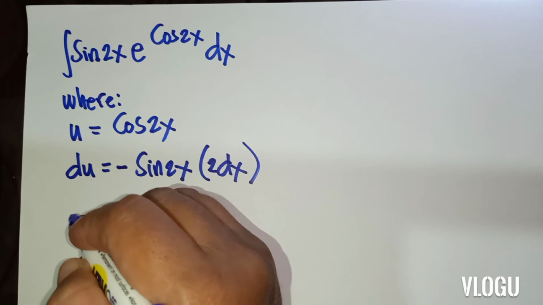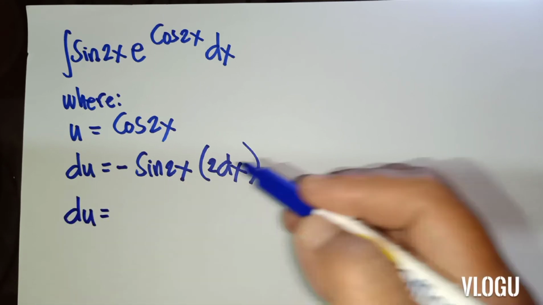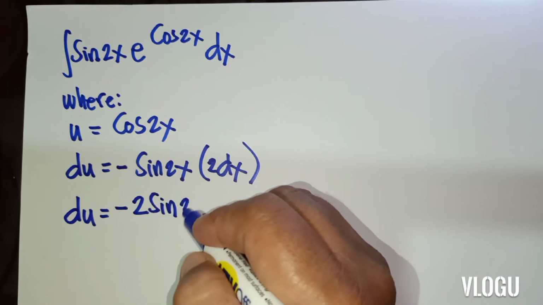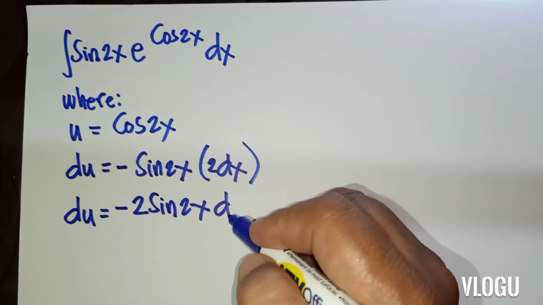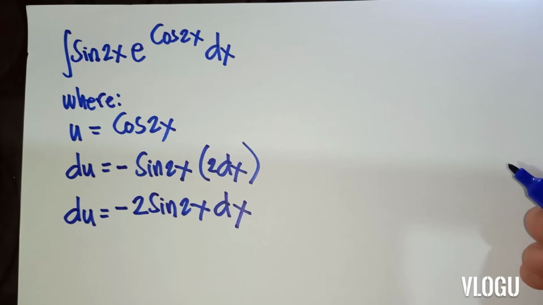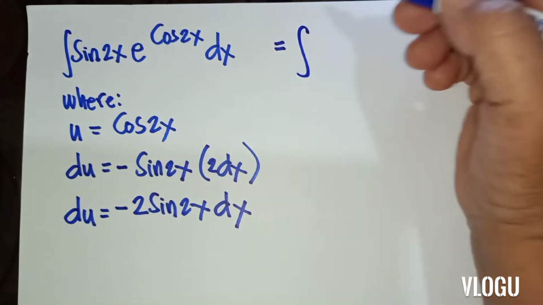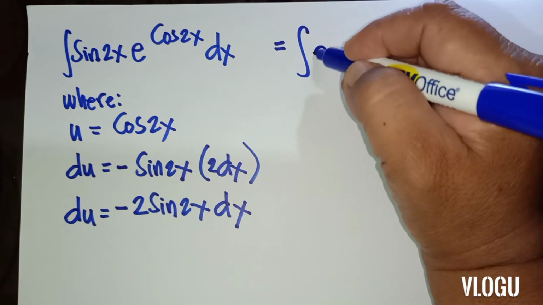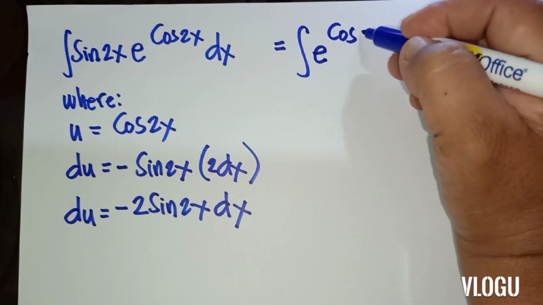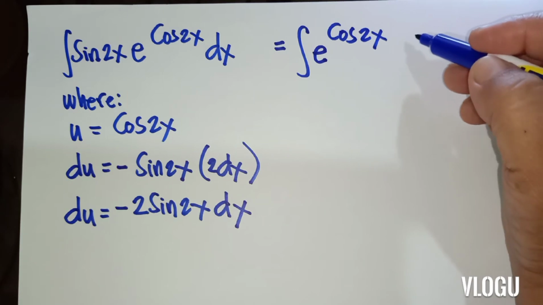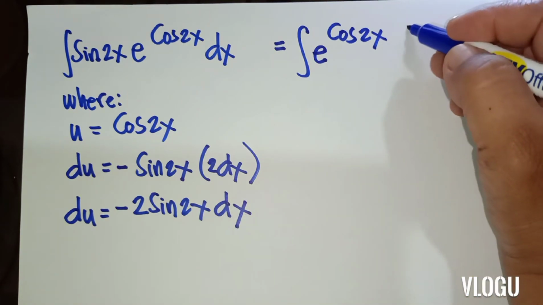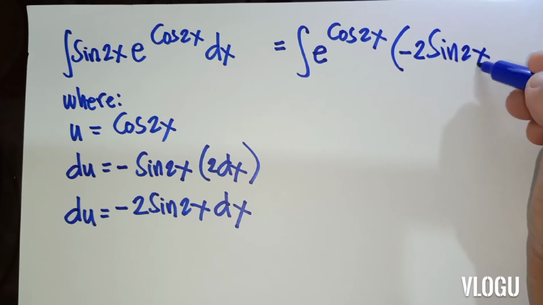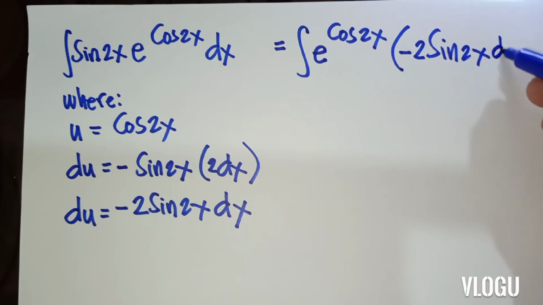So therefore our du is equivalent to negative 2 sine 2x dx. So the integral, we will rearrange: e^u, e^(cosine 2x), and our du is negative 2 sine 2x dx.